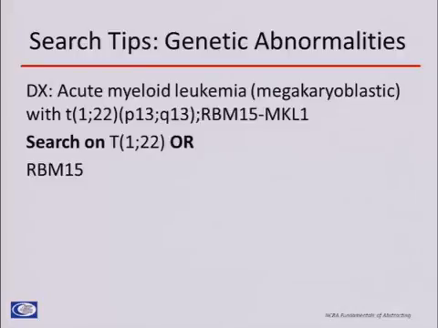Genetic abnormalities, remember we tried to look on this translocation. Some of them are present mostly for the myeloid tumors. For the lymphomas, most of them aren't there yet. So if you're looking for these translocations, most of them will be the myeloid leukemias. And the reason that they're important is when you also look at this other part of the alphabet soup, RBM15, MKL5, I'm not going to try and tell you what those represent, but those are tumor markers.